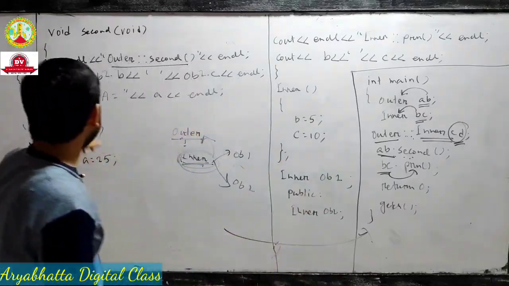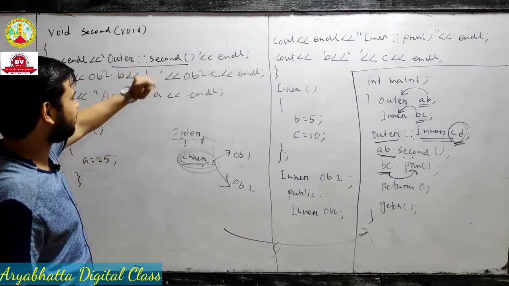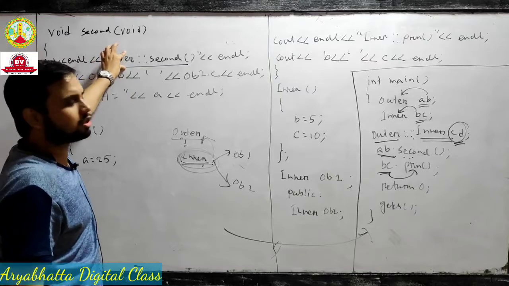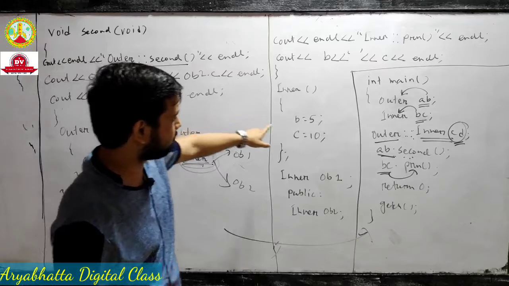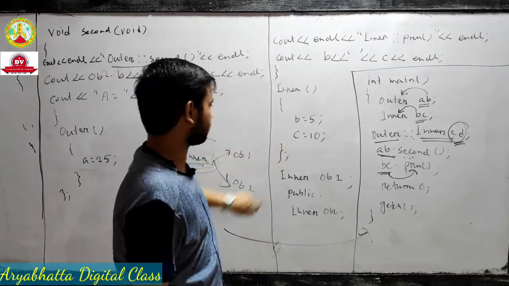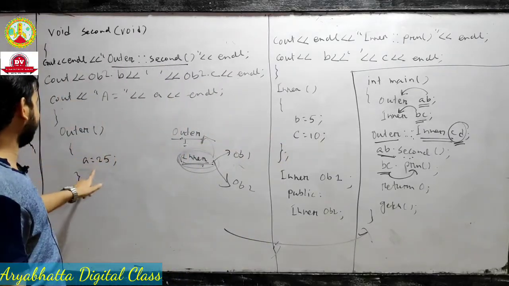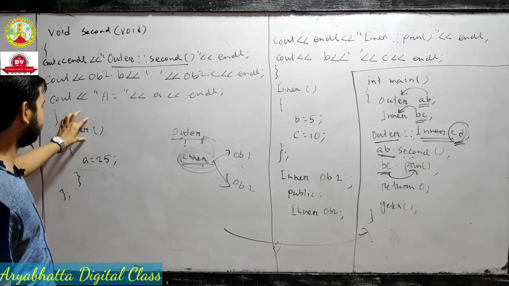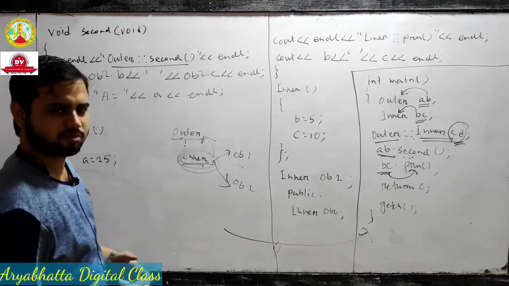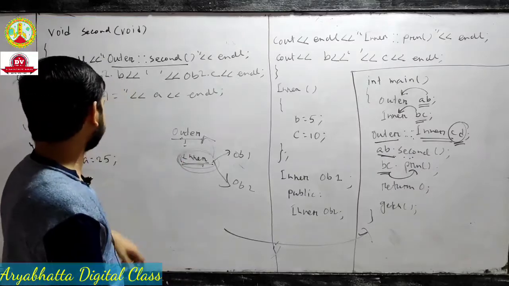Okay, and this second member function is in reference to the enclosing class, meaning outer, right? And object 2 accesses both the data member values 5 and 10, and A is for the outer class. Outer is actually a member function name, the same as the enclosing class, meaning the outer class.